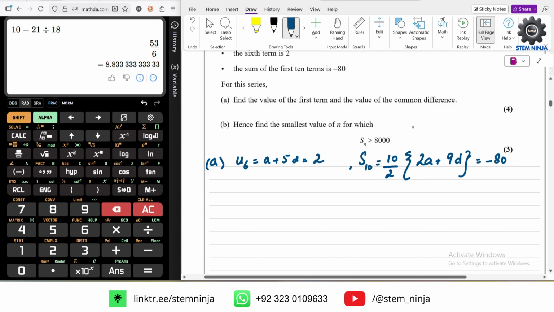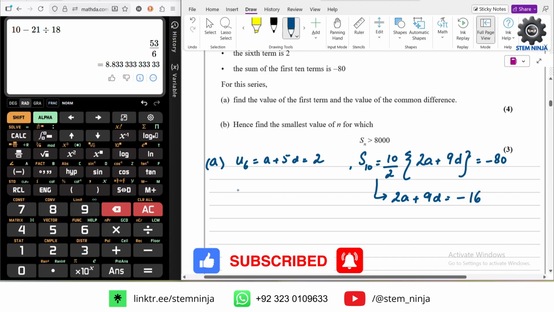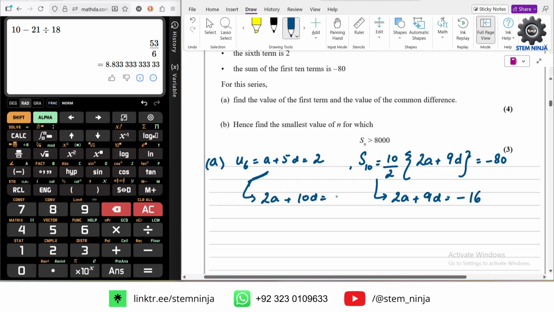Okay, let's simplify and rearrange this equation first. So 2a plus 9d equals minus 80 divided by 5, that is minus 16. So we have this equation. This equation can be multiplied by 2 to make into 2a plus 10d equals to 4.